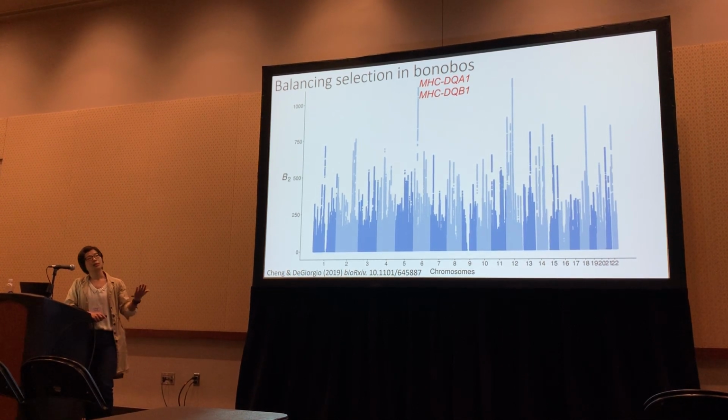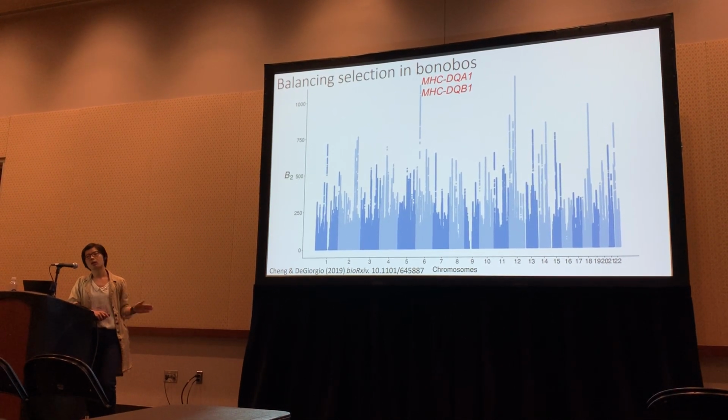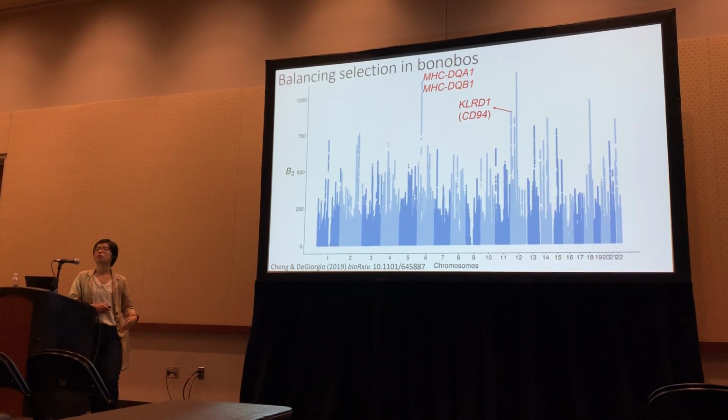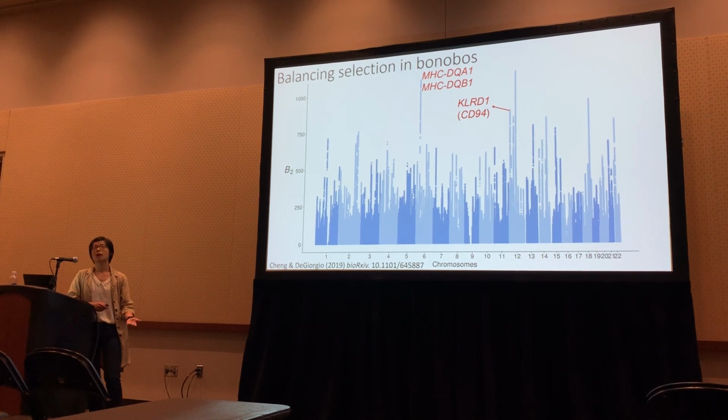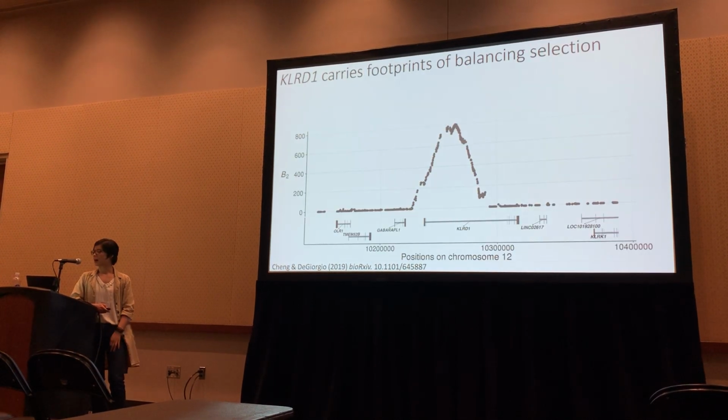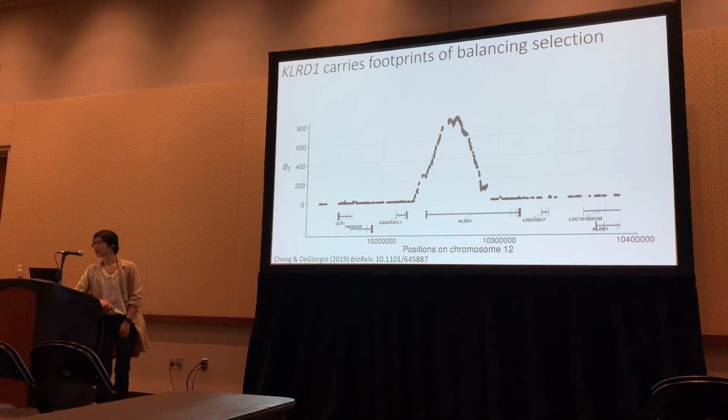Among the other peaks that fall in coding regions, we also found a gene, KLRD1, which encodes CD94. It's a very important surface antigen on natural killer cells.